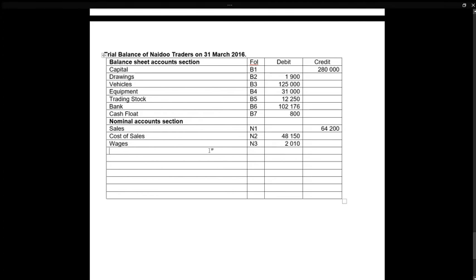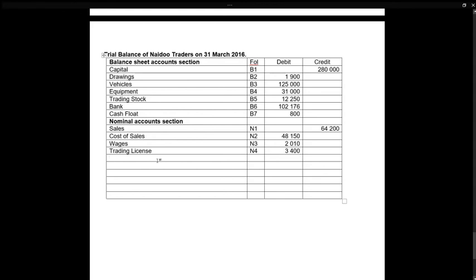Then we had trading license, N4, it's an expense account, 3,400 Rand.